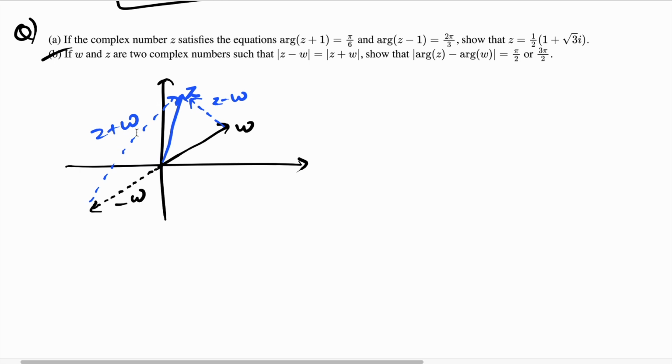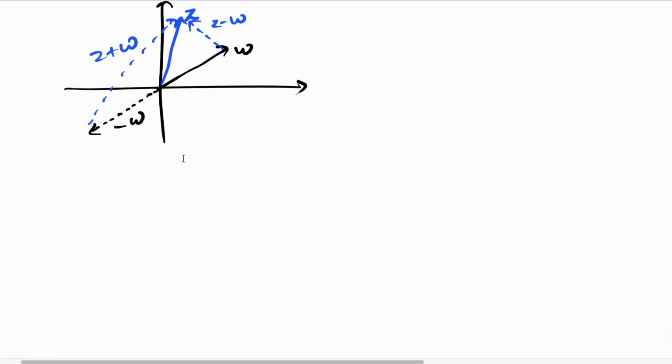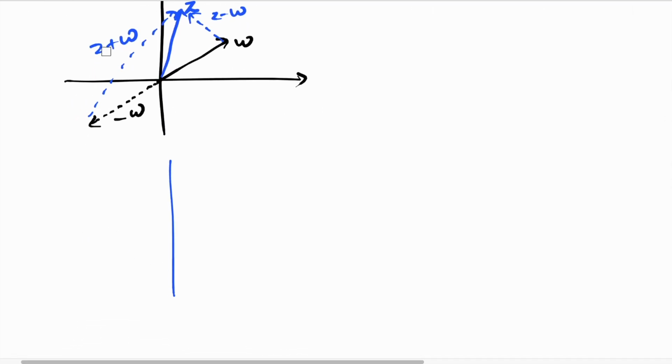So what they're saying is z plus w and z minus w are equal in magnitude, or have the same modulus. This is possible only if the complex number z lies along the perpendicular bisector of w and minus w. So geometrically representing it, the situation has to look somewhat like this. Just draw the axis again.